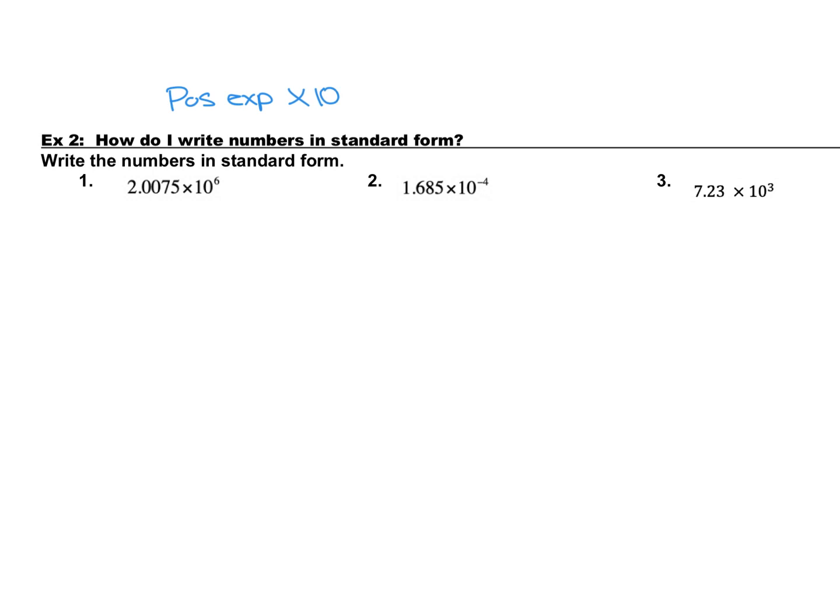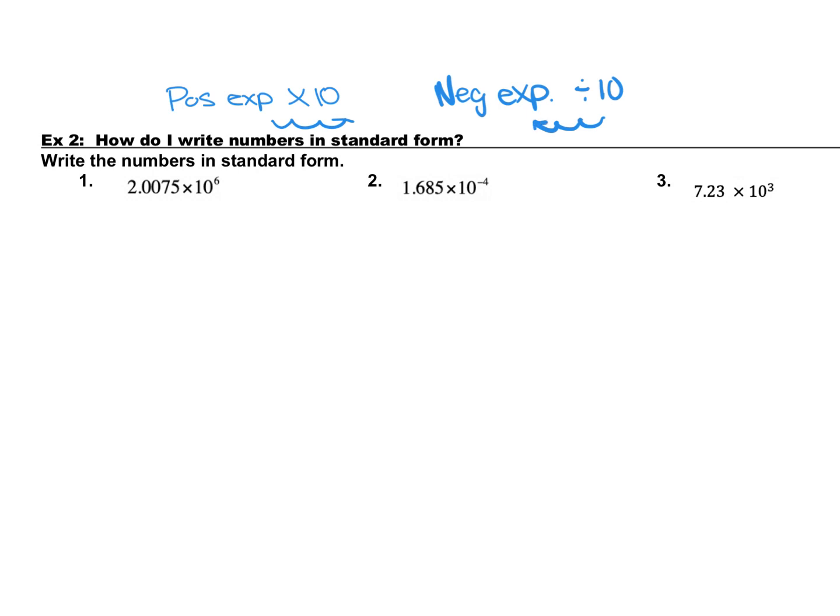And we know that when we multiply by 10, our decimal is always going to be going to the right. Where when we have a negative exponent, we're going to be dividing by 10 over and over again. And so our decimal is going to be going to the left.